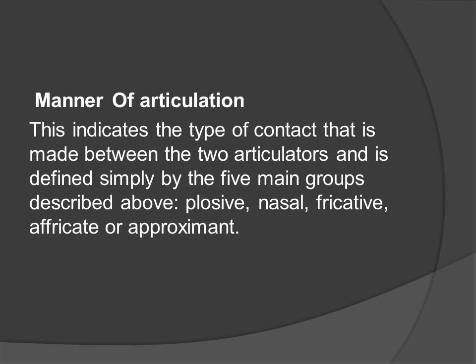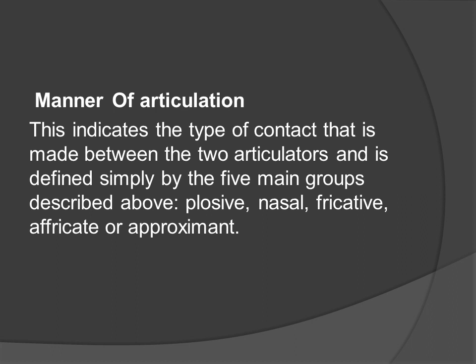Manner of articulation. When I want to describe any sound, as I said to you, I have to describe it according to the place of articulation, manner of articulation, and voicing, to be voiced or voiceless. We classify the sounds according to the place of articulation to be bilabial, labiodental, dental, glottal, like this.